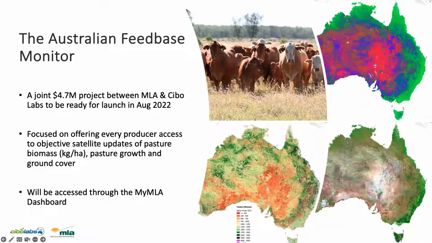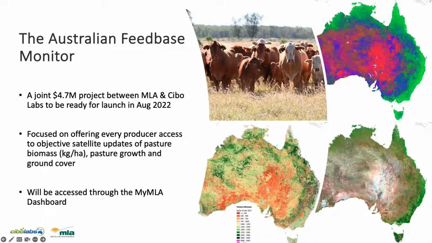And those of your producers and your clients who are not yet using the MyMLA dashboard will hopefully start using it and see not only the opportunities to get a better handle on their pastures, but to start to link in some of their other data that they're collecting through things such as their Analyse account or their LDL account as well.